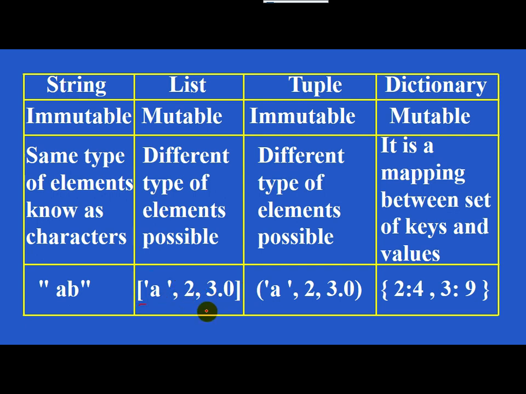So inside square bracket, if you write, it's a list. So list may contain different types of elements. Tuple, different types of elements are possible in a tuple. See, string A or character A, integer 2, floating point or decimal number 3.0, and inside round bracket, if you write the elements, it's a tuple. And a dictionary is a mapping between a set of keys and the corresponding set of values.